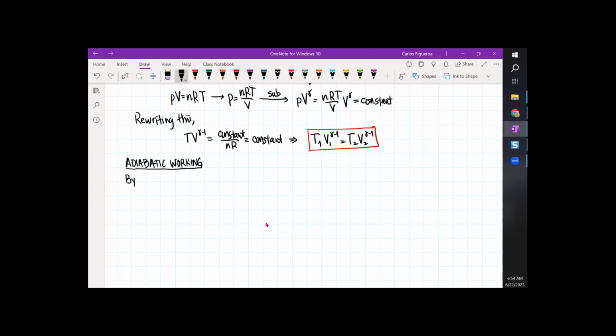By definition, we know that Q has to equal 0, where the first law shows that if I have adiabatic work, and of course heat here is 0, this is then going to equal the change in internal energy, which is the same as nCV delta T, where we can write this as 3/2 nR delta T. This is the important relationship right here.